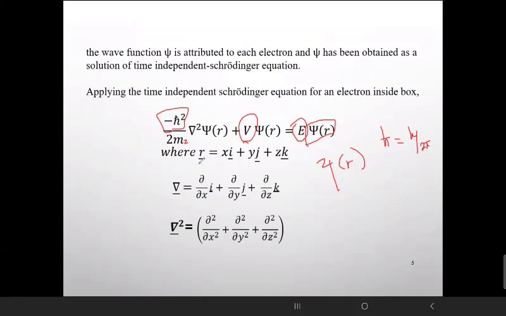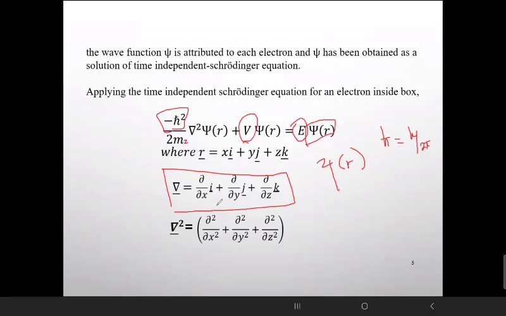Here r: if you are using one dimension, then you can directly use r. But here we are using a three-dimensional box, so r is equal to x i plus y j plus z k. Del is a standard formula: del is equal to partial over partial x times i plus partial over partial y times j plus partial over partial z times k.